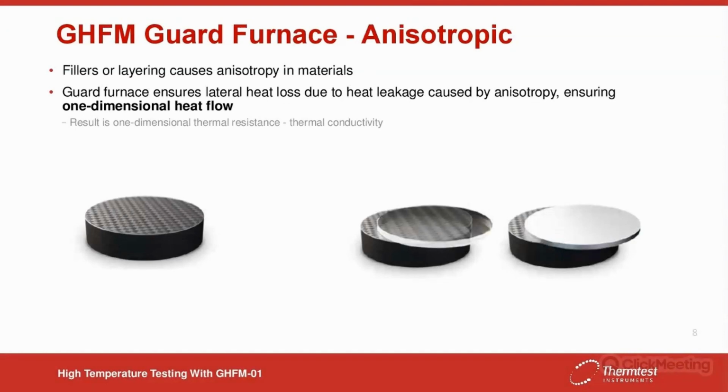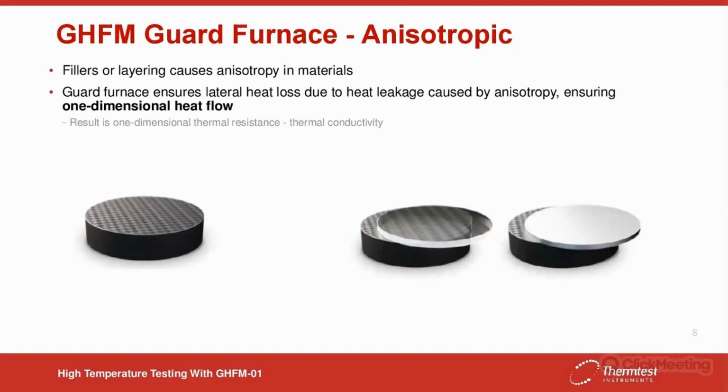It's really hard to put a percentage on that. It really depends on the material, but it is certainly critical when you're considering measuring anisotropic samples. So layering, of course, causes anisotropy and is an important consideration. The guard limits that and really promotes one-dimensional heat flow so that you're measuring a true value.